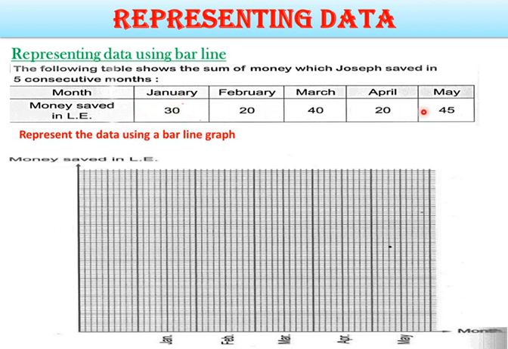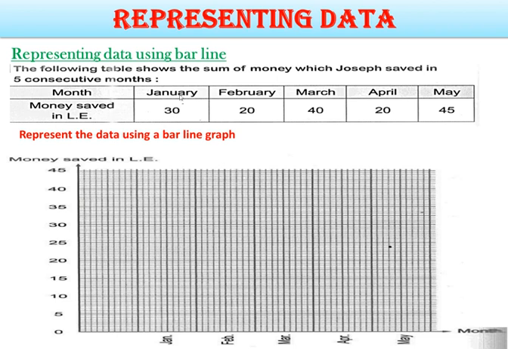We're looking for a multiplication table that represents these numbers: 30, 20, 40, 20, and 45. These numbers are all multiples of 5. Then we can use table 5 by writing 0, 5, 10, 15, increasing by 5.